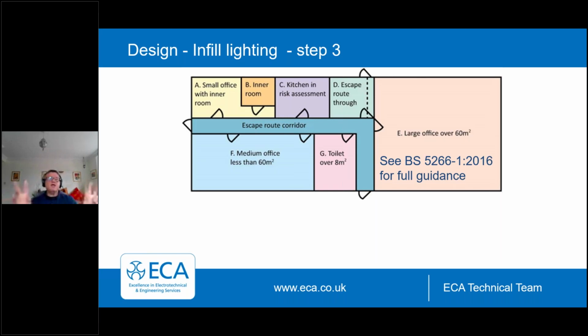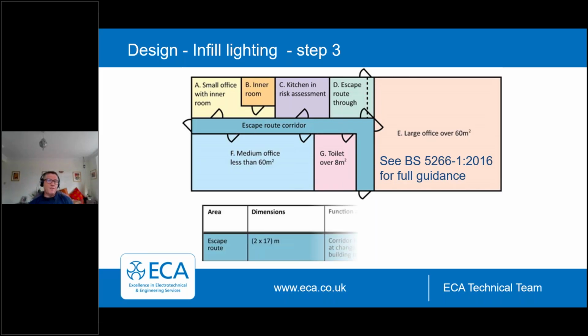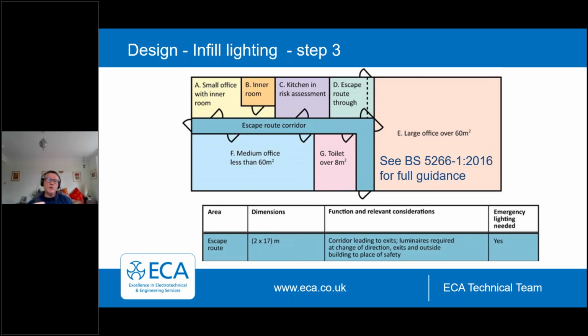So this may be a typical installation with the different rooms labeled A to G. It gives us guidance with regard to whether we need to provide lighting or not. Of course, we know in the escape route we are going to need to provide emergency lighting, and it tells us there in the right-hand column.